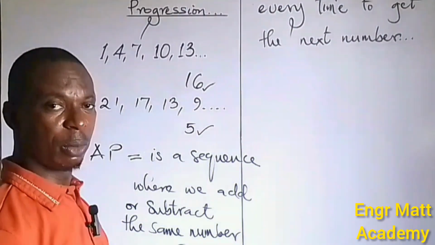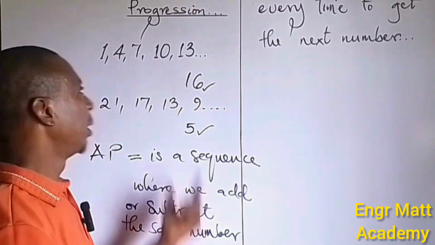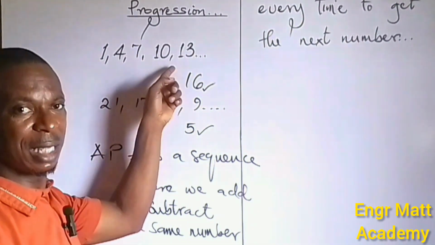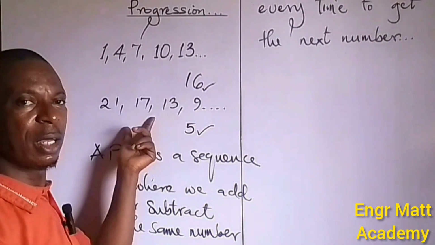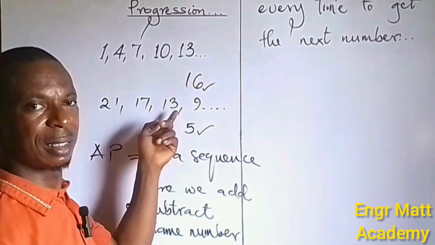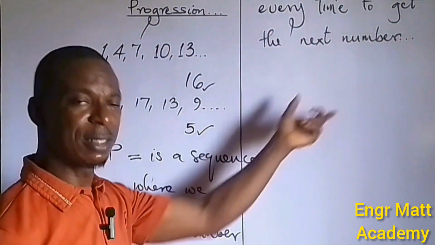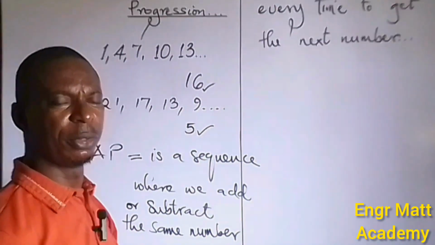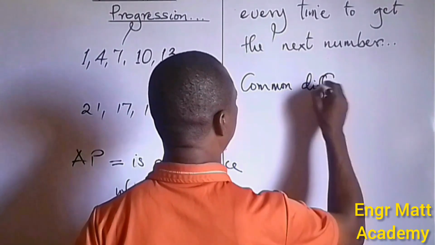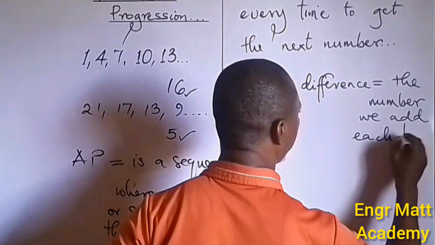In this case, we add 3 to each number to get the next. And in the second case, we subtract the same number, 4, to get the next. The number we add every time to get the next number is called the common difference. So, common difference, the number we add each time.